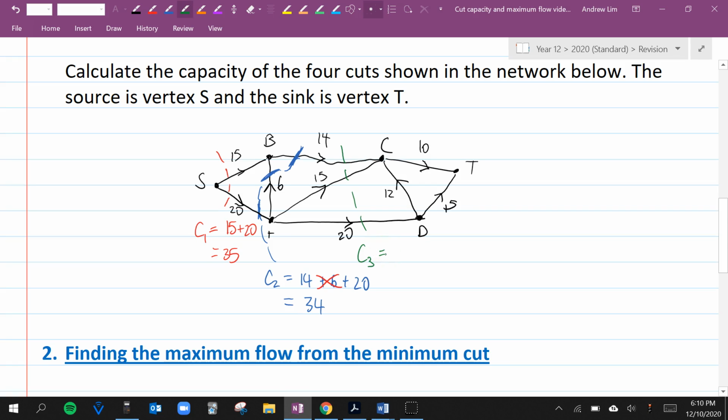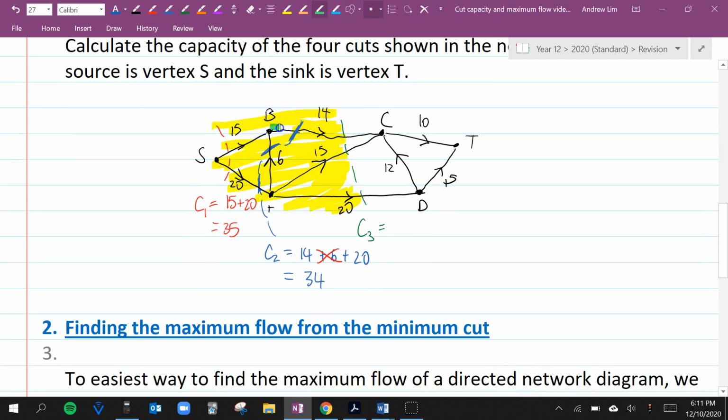We can see it cuts along 3 edges. Before that, I'm just going to highlight everything to the left of that cut I just made. It cuts along this edge, and this edge, and this edge.